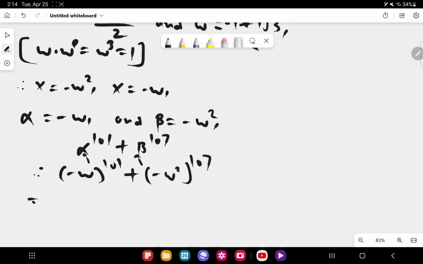Alright folks, this can be written as minus omega raised to the power 99 times omega square, correct? Minus omega square, correct?